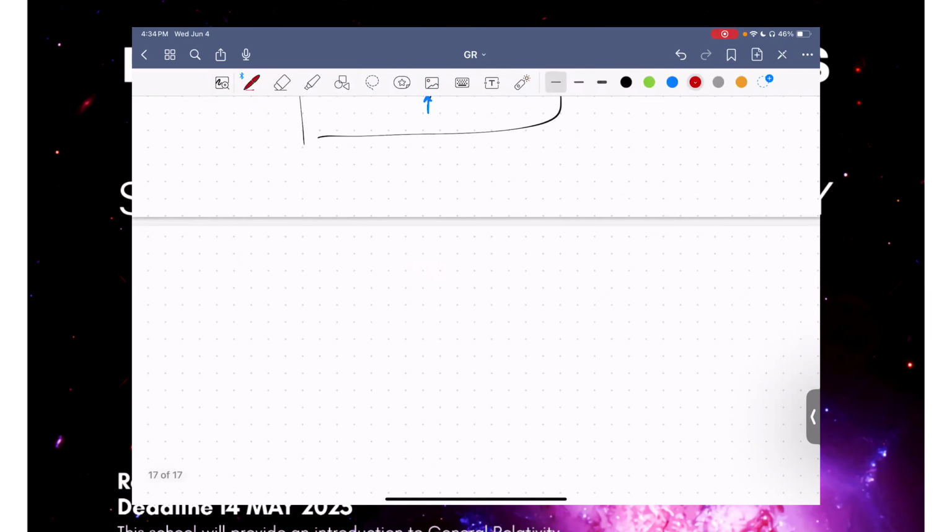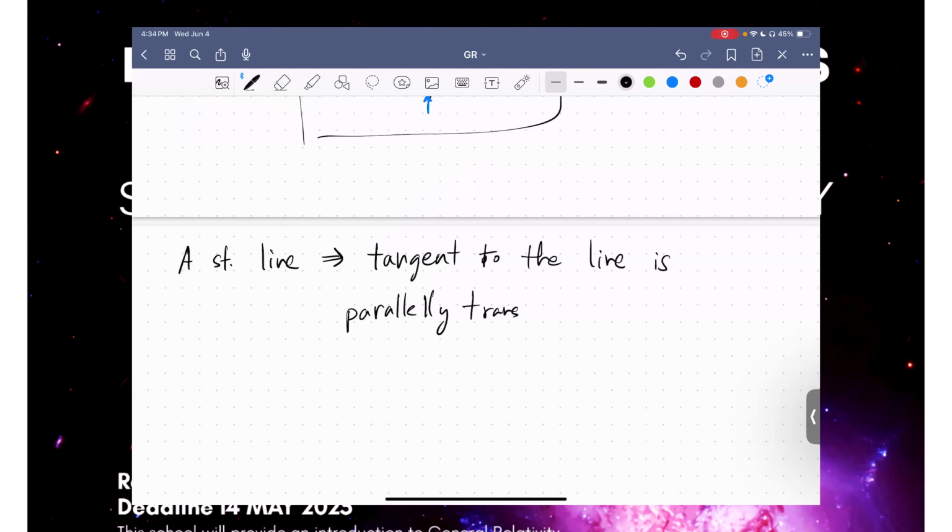Our definition of a straight line is that the tangent vector to the line is parallelly transported along the line.